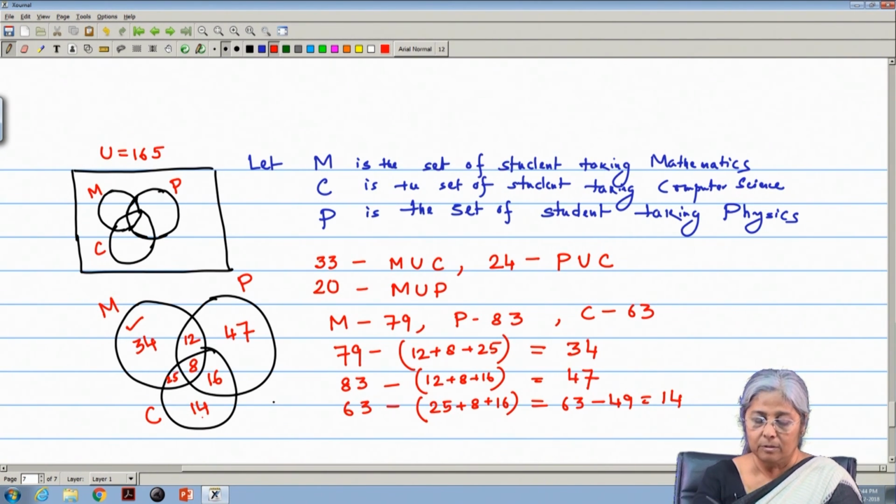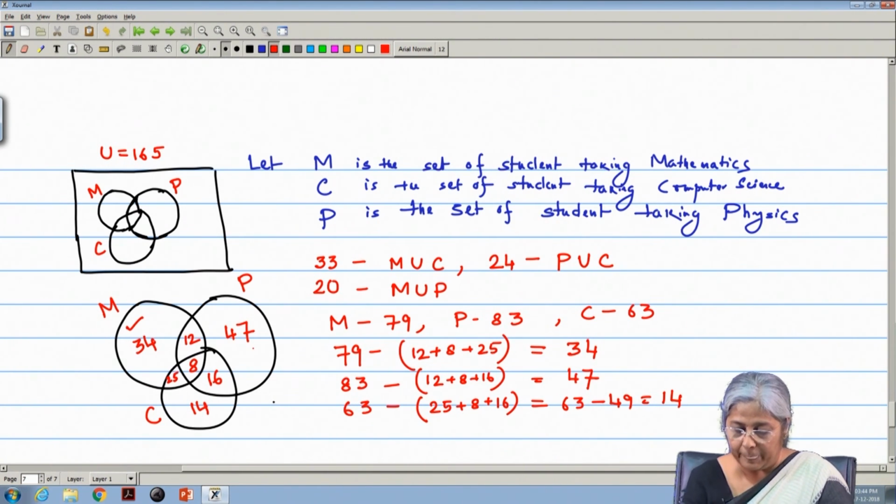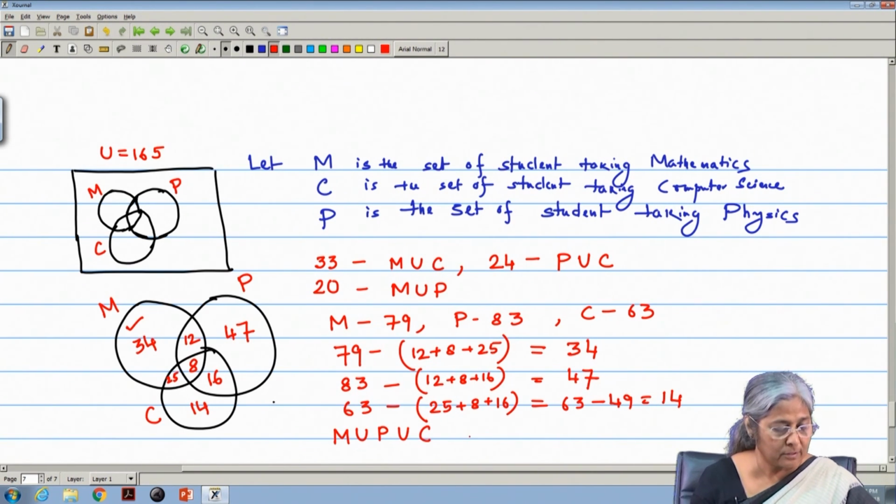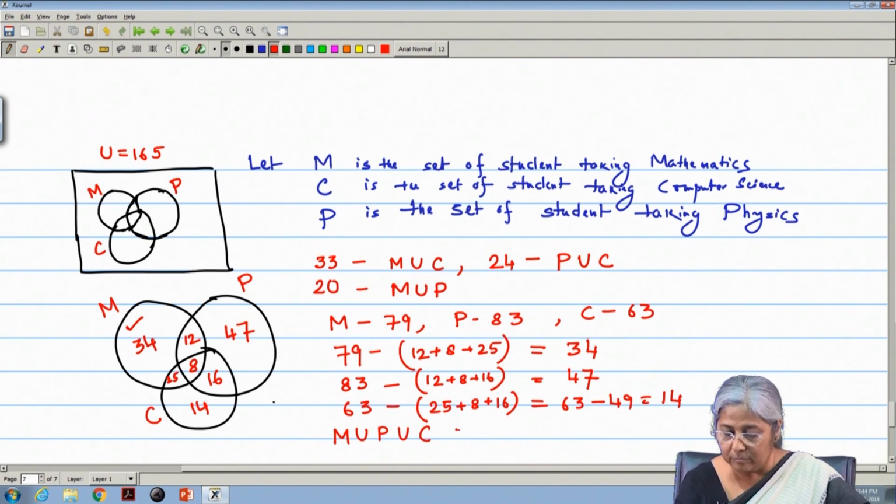Now, we get that the union of the sets of mathematics, physics and computer science students together will be 156 students.